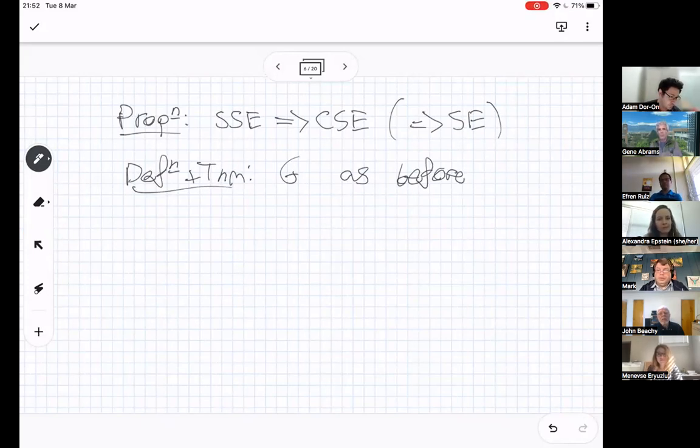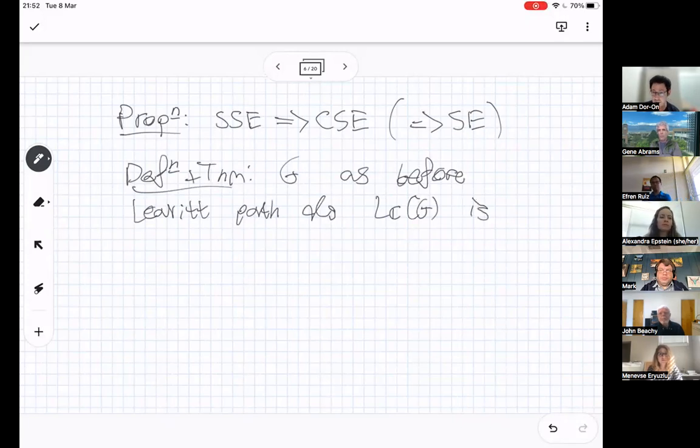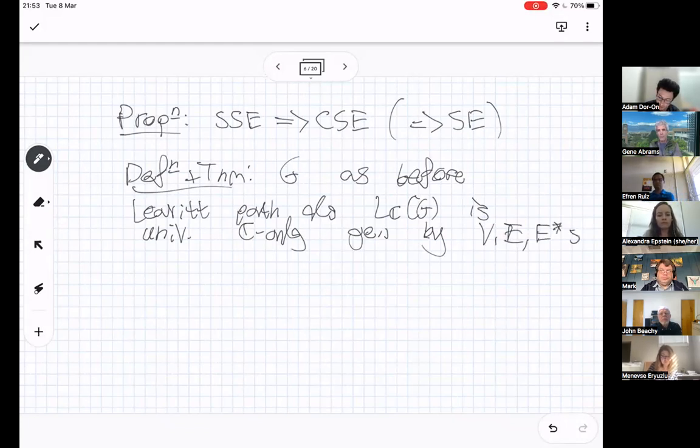So as before, the Leavitt path algebra, L_C of G, and of course it can be taken over arbitrary fields, even rings, if you like, but here I'm just going to focus on complex Leavitt path algebras, is the universal complex algebra generated by a copy of the vertices, a copy of edges, and a reverse copy of edges, such that the following relations hold.